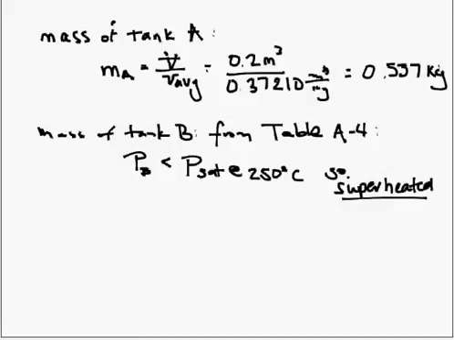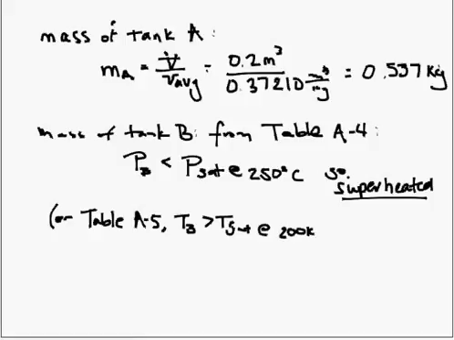Okay. And just a reminder, a little side note, you could go to table A5, where we tabulate again our saturated liquid vapor properties, and we could see that our initial temperature of B is greater than our saturation temperature at 200 kPa. So we can use either one, but it gives us the same conclusion. So we're superheated.